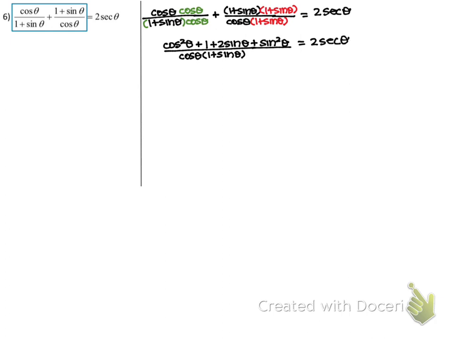Okay, what could we do here? Oh, we have an identity. This cosine squared and that plus sine squared, that's 1. So we have 1 plus 2 sine theta. So I still have the 1 plus 2 sine theta from before. Carry my denominator with me.